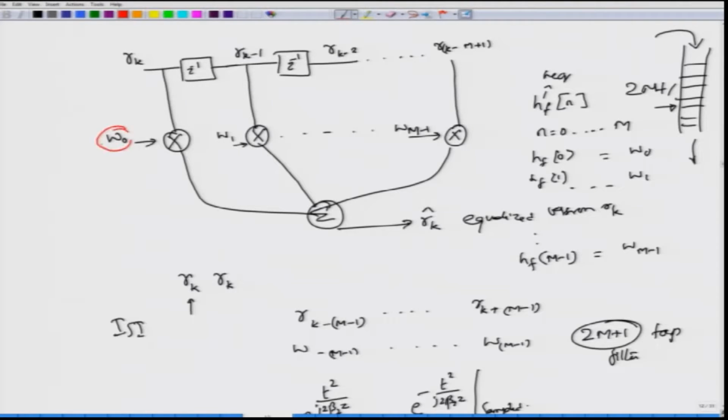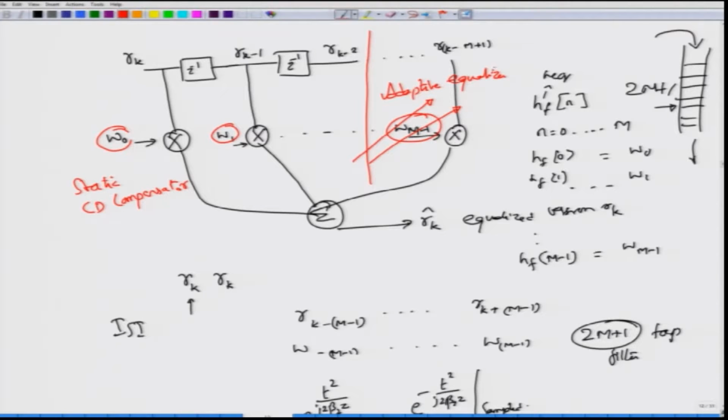If you fix all the values W0, W1, up to Wm minus 1 as constants, then you get what is called the static CD compensator. Okay. But if you pick some of these terms and then make them vary, I vary the coefficients W. So, when I vary these coefficients, I am doing what is called the adaptive equalizer.